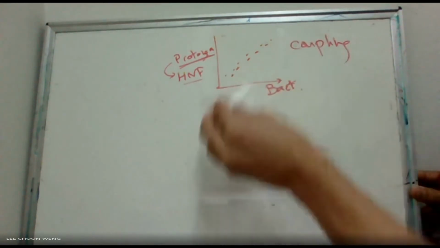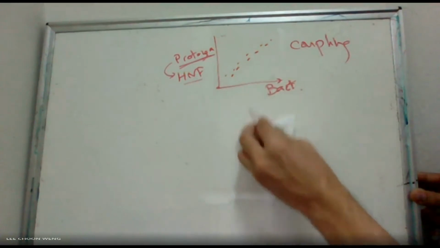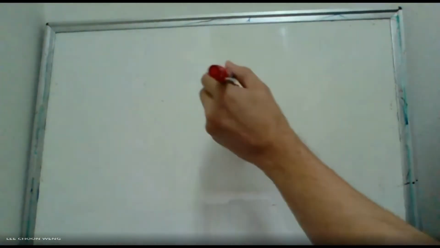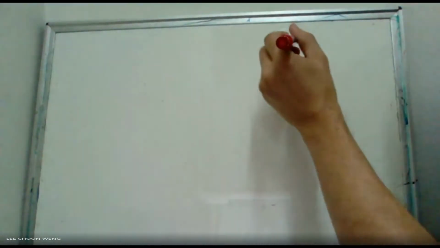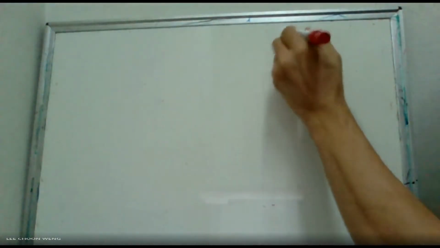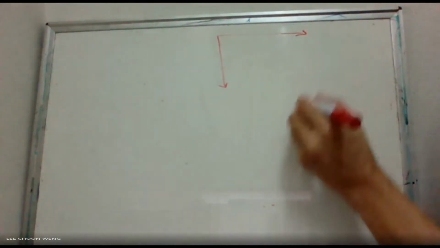Then you can use regression analysis to look at the equation to link the two components. However, when we are studying water columns, usually we work with contour plots. Okay.